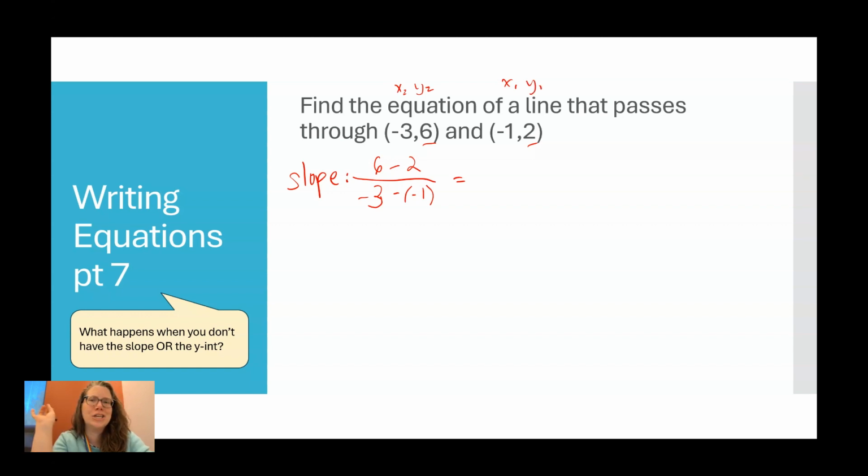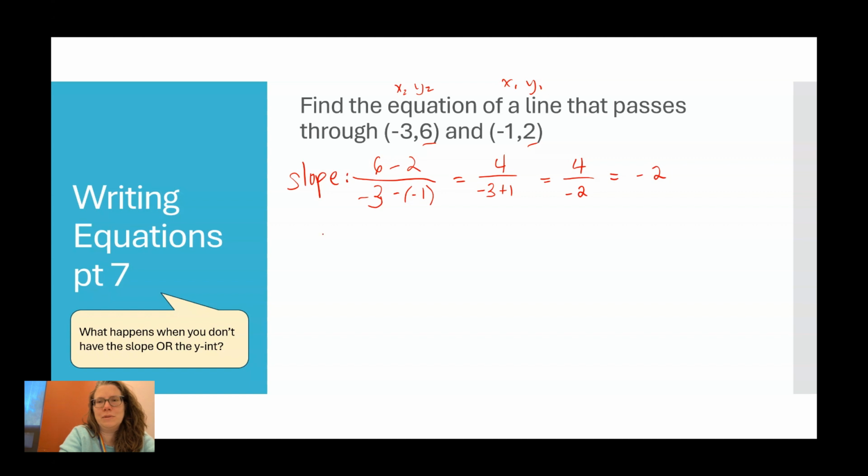It doesn't matter actually which one is y2 and which one is y1, as long as whichever one you start with, you start with on both the top and the bottom. All right, 6 minus 2 is 4. -3 plus 1 turns into -2. Oh my gosh, does this have the same slope? Yes.